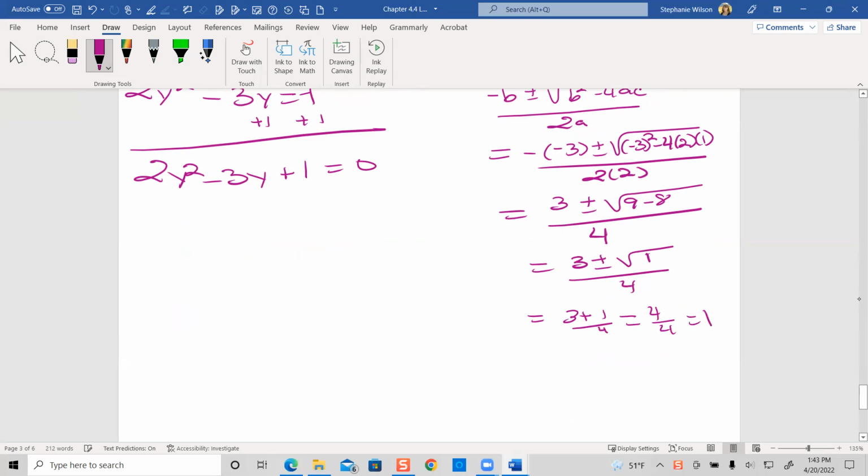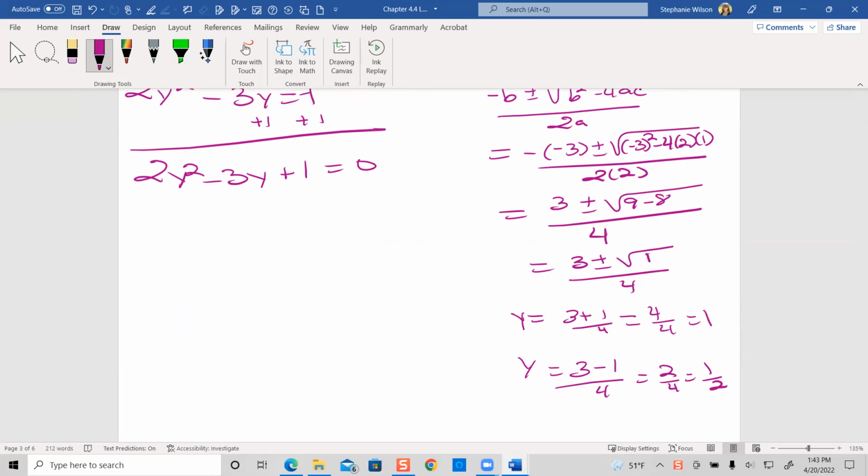I also have y is equal to 3 minus that 1 divided by 4, which gives me 2/4, which is 1/2. So now I know 2 possible answers for y. So what I can do next is let's plug sine x back in for my y values.